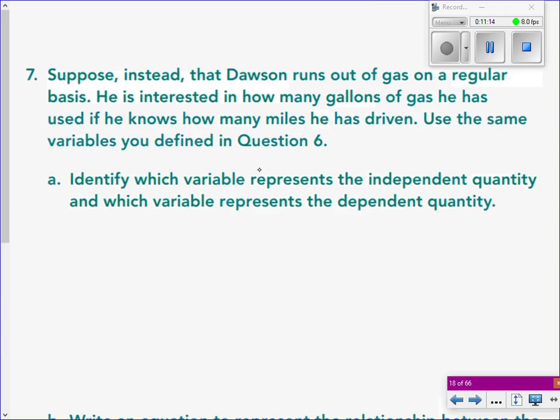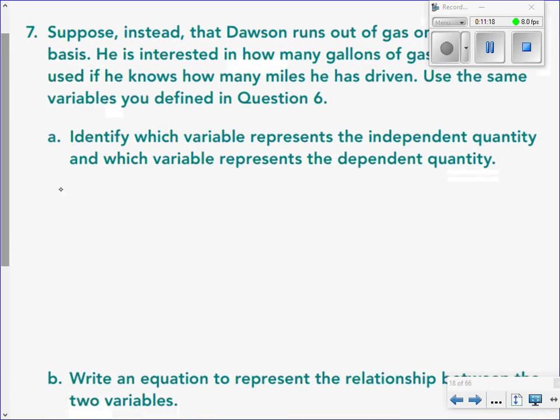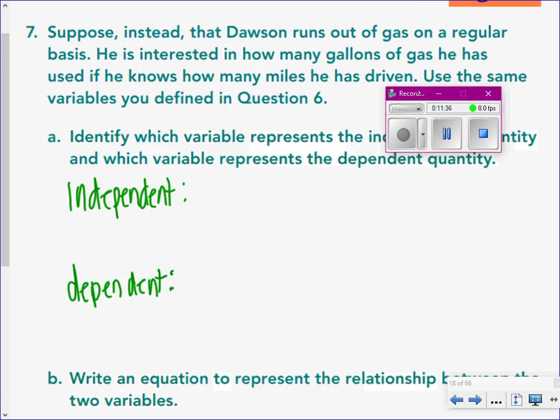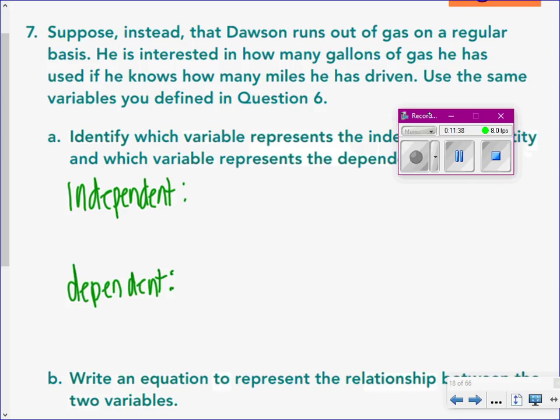Now, we're going to switch it. You're going to switch the independent and dependent variables. It looks kind of like this. Now, he runs out of gas on a regular basis.